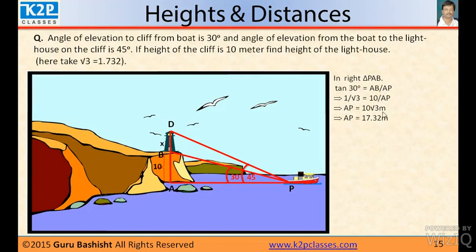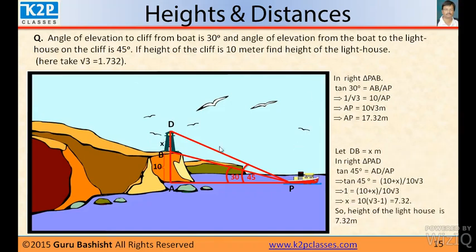From here we can say that AP equal to 10 root 3, or AP equal to 17.32. So now AP is known. Now we have to find out the height of the lighthouse. Let the height of the lighthouse be X.